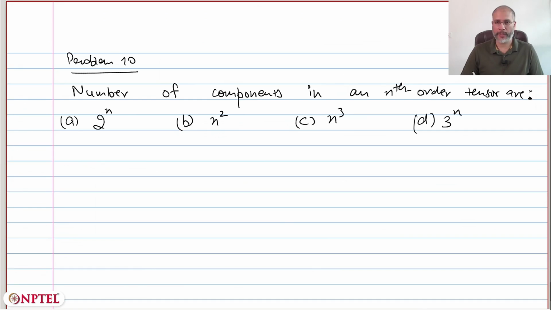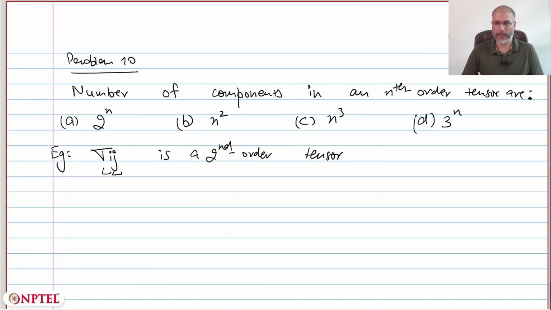So in an nth order tensor, the number of components, well, let's say sigma ij is a second order tensor. So we take an example. And we have two indices, i and j. i can take values from 1 to 3. j can take values independently from i from 1 to 3.